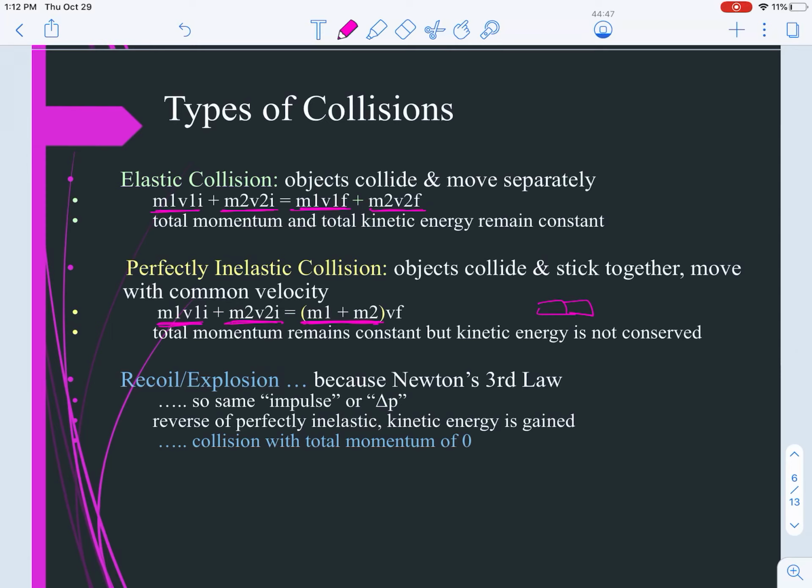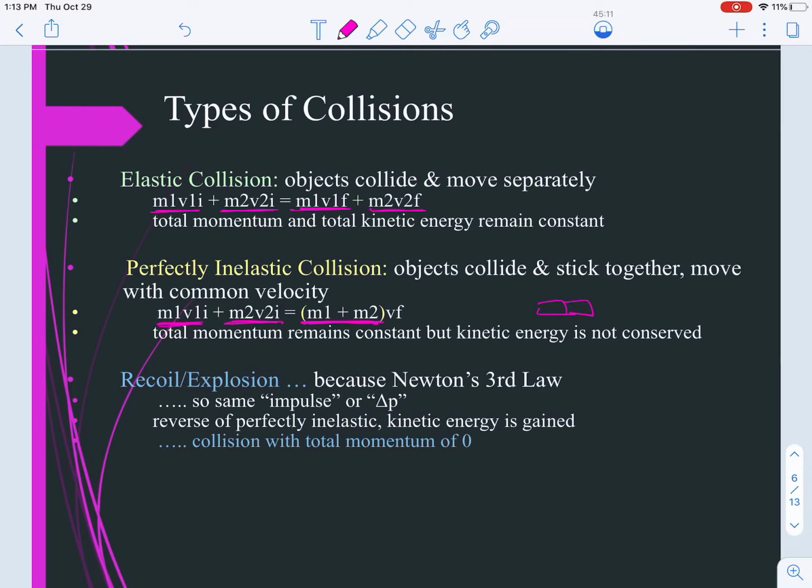Because what happens is that these two objects are going to physically connect to each other. So it's essentially one more massive object that is moving with a single velocity. So it says here that they move with a common velocity. That's because they're stuck together. So of course, whatever the speed of the first object is, it has to be the speed of the second because they are now joined together.